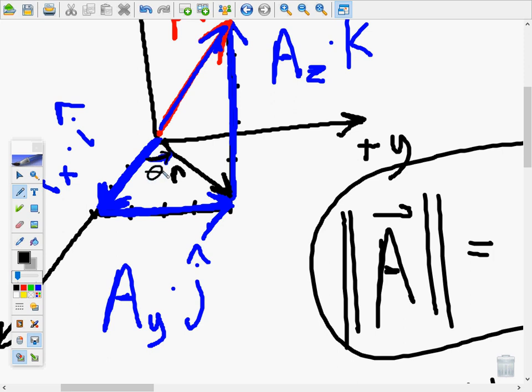That's theta. And that's like the theta when we were doing polar coordinates. You have to first draw R, which is the resultant of Ax and Ay, and theta is the angle between Ax and R.